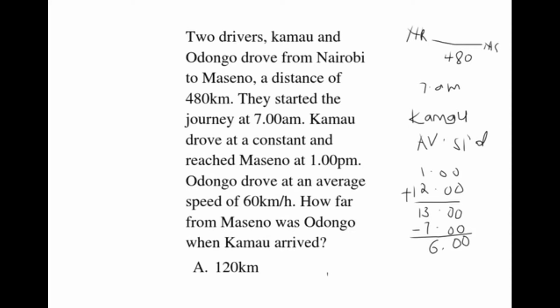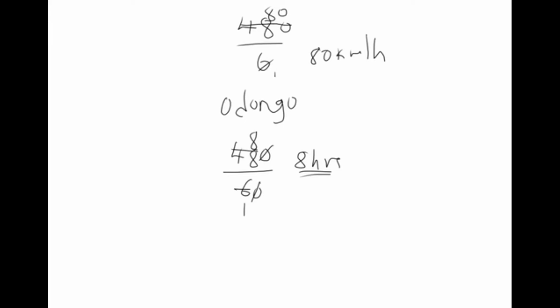So at 6 hours, Odogo had covered 60, that was his average speed, times 6. He had covered 360 kilometers at 6 hours.